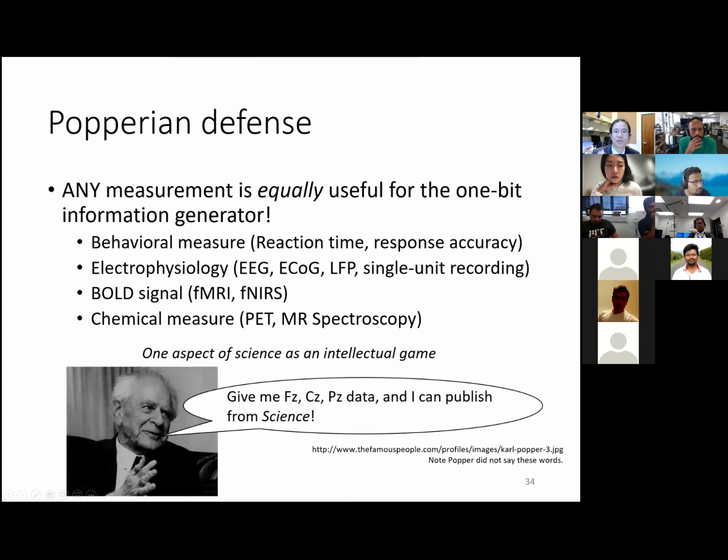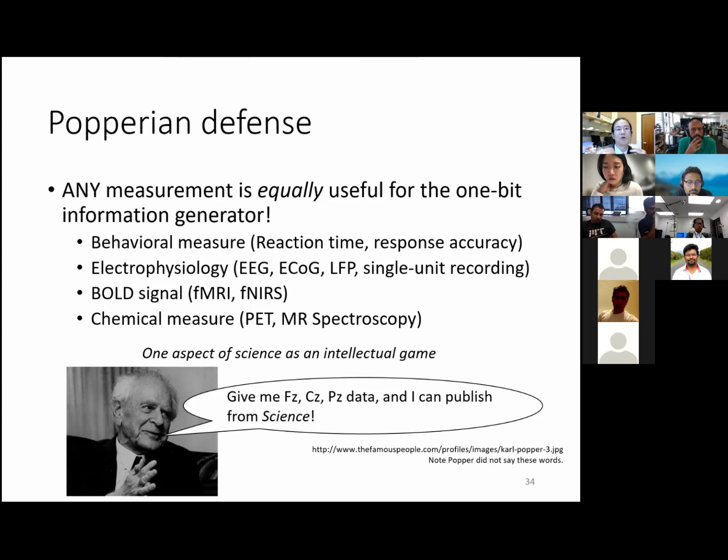For that purpose, we cannot say behavioral data is less important than EEG data, or EEG data is less important than fMRI data, or fMRI data is less important than whatever. Because those measurements all just serve this 1-bit information generator as a dependent variable. And you cannot say one dependent variable is better than the other dependent variable.